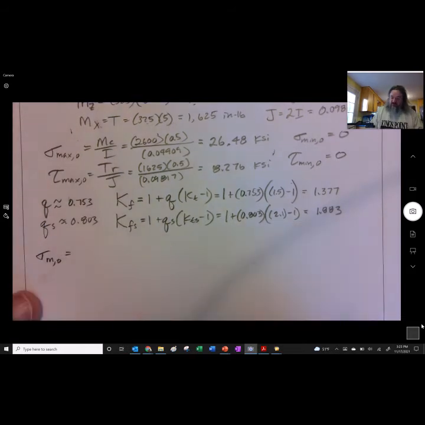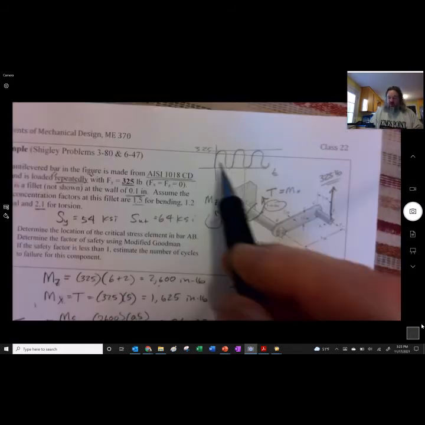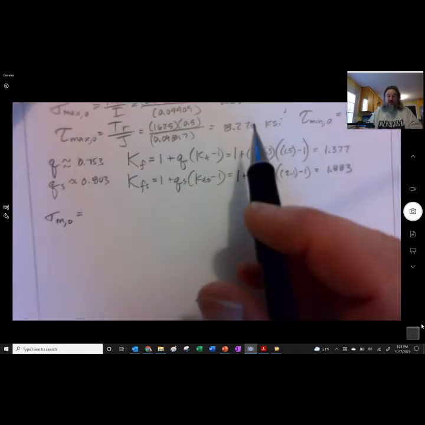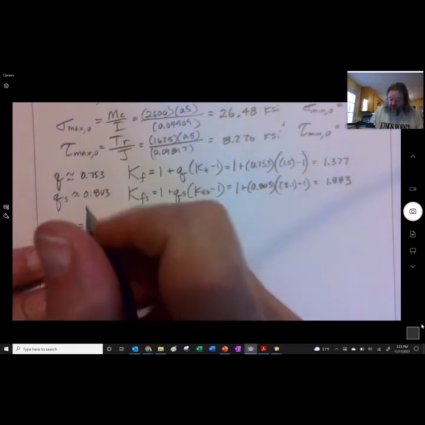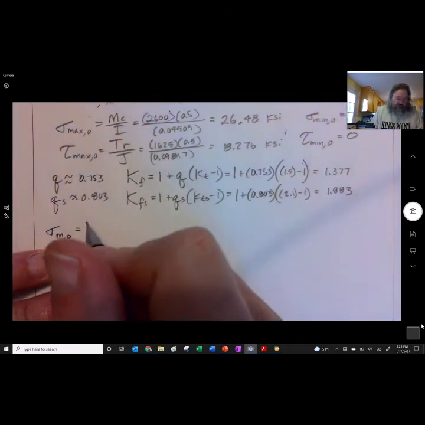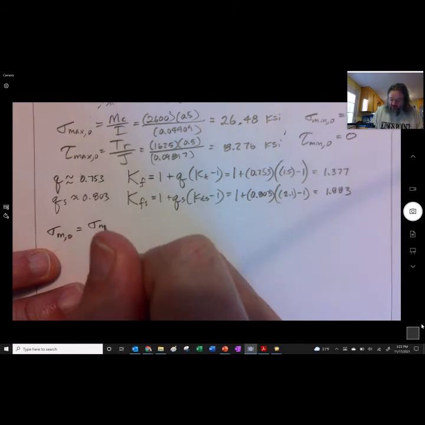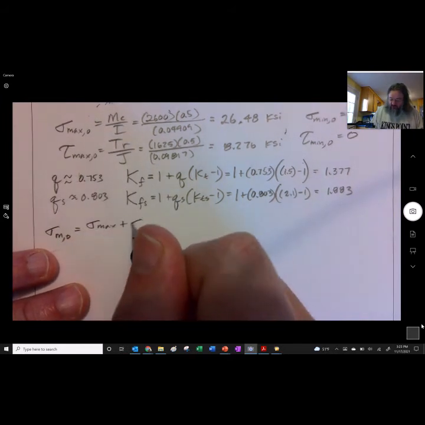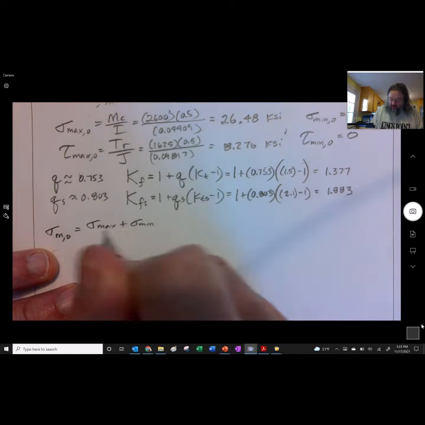We'll actually see, because of this special case of being on-off loading, that the mid-range and the alternating, or the amplitude, are equal to each other, because we have max plus min divided by 2.